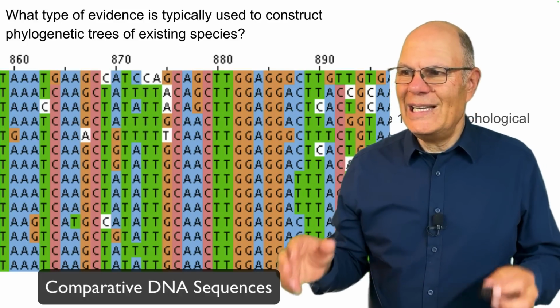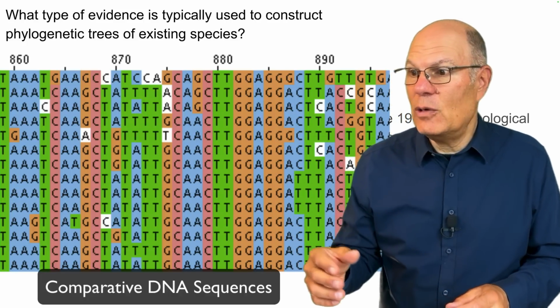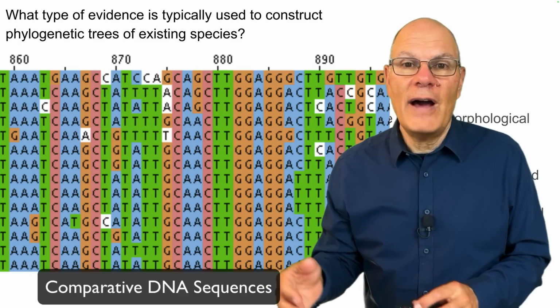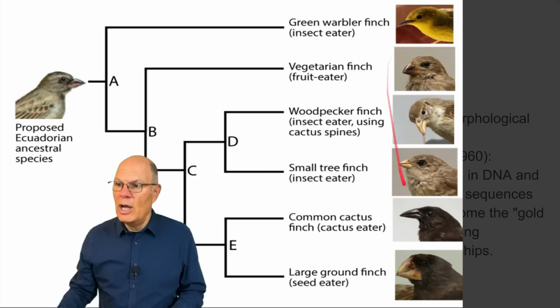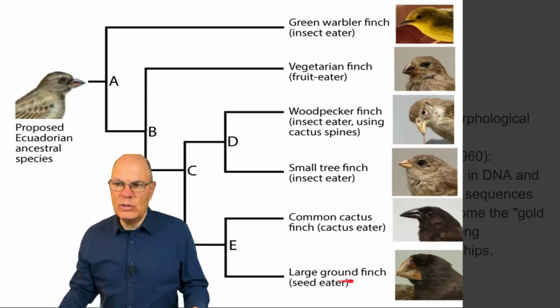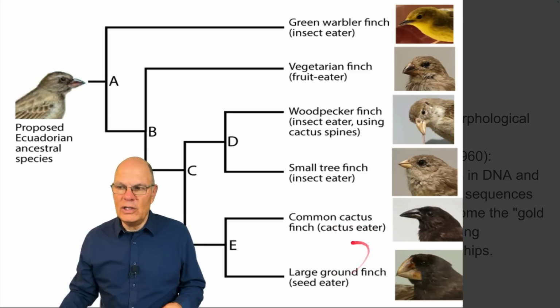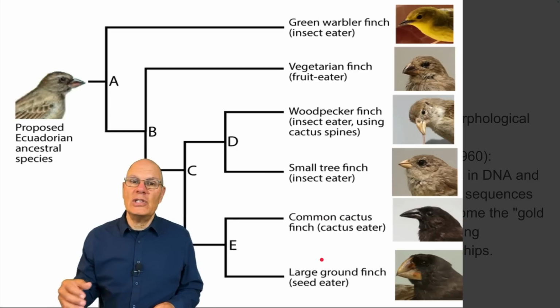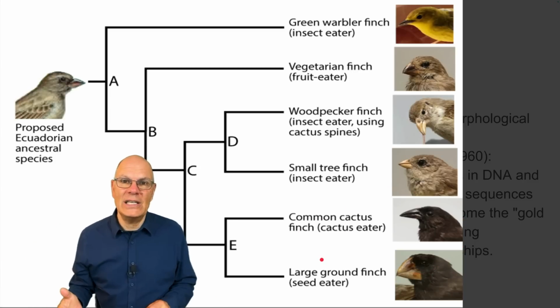Nucleotide sequences in DNA and RNA and amino acid sequences in proteins have become the gold standard in determining phylogenetic relationships. So a DNA analysis would indicate that the common cactus finch is more closely related to the large ground finch than to any of the other Galapagos species. That's a hypothesis, and you could confirm that through DNA sequencing.